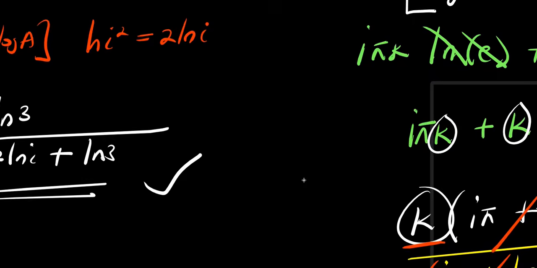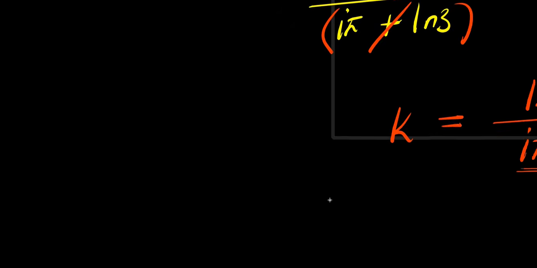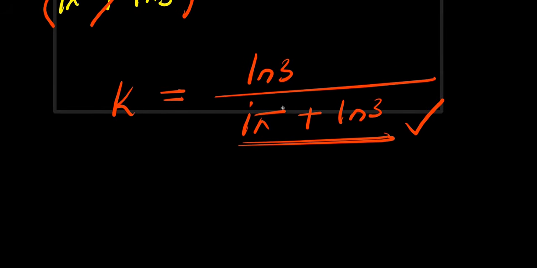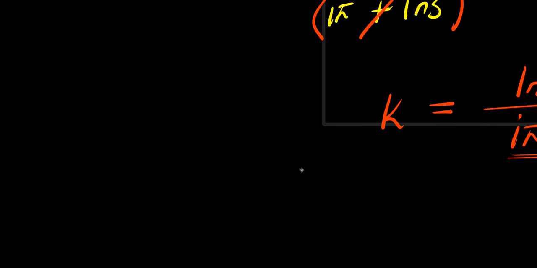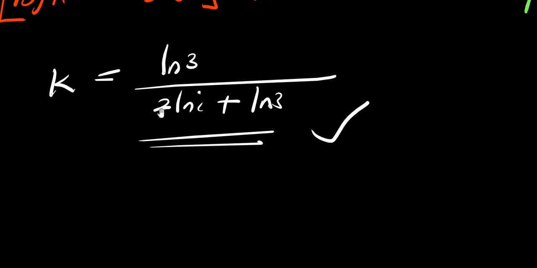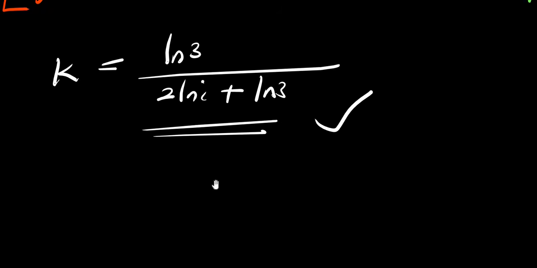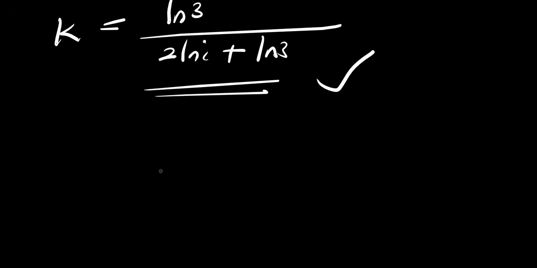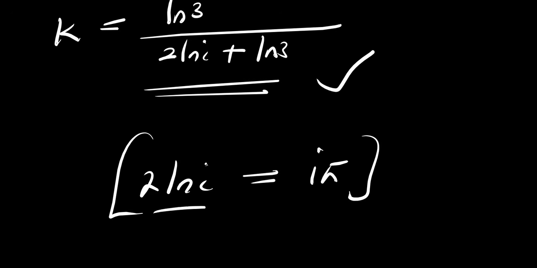So any method you want to use, you're going to have the same thing. This, natural log of 3 divided by (i pi plus natural log of 3). This, natural log of 3 divided by (2 times ln i plus natural log of 3). Remember, 2 natural log of i is the same thing as i pi. So they are both the same, this and this.